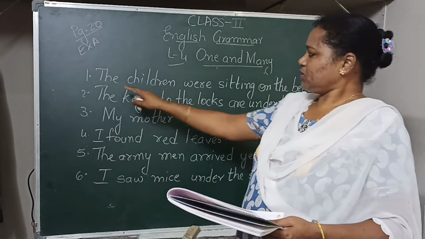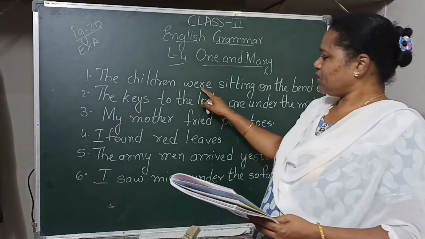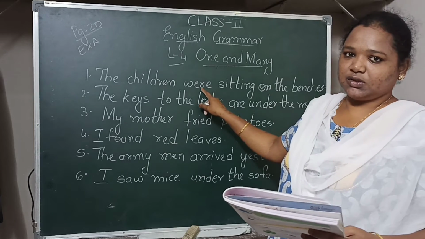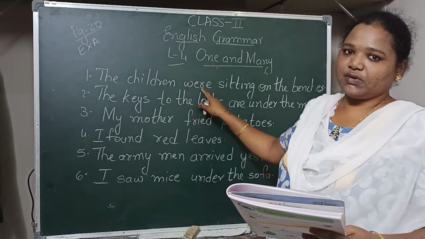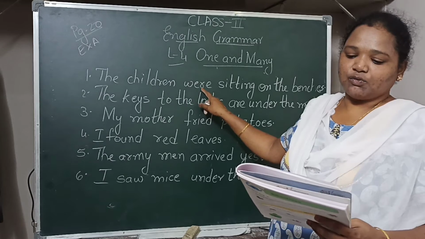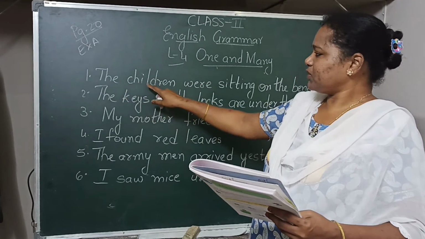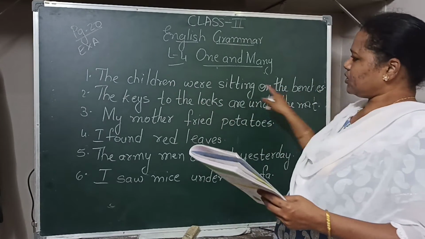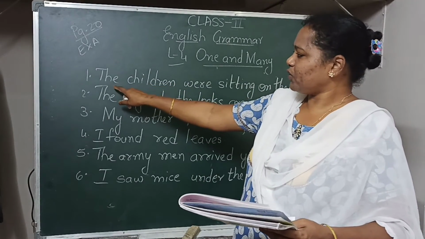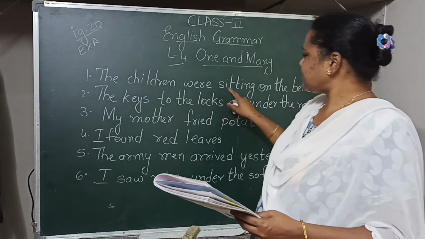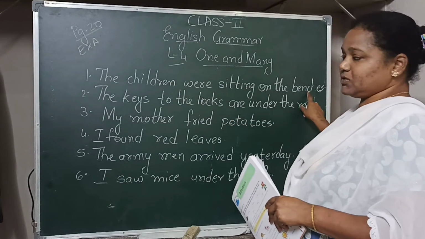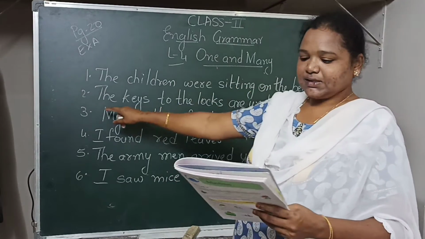So the children were, because it's a plural form. If it's a singular form we will write was: the child was sitting on the bench. But we have to write the plural form. So the children were sitting on the benches. Right, children?